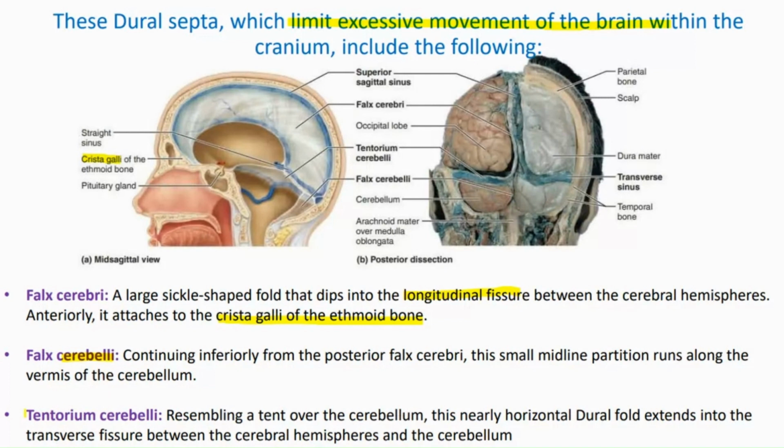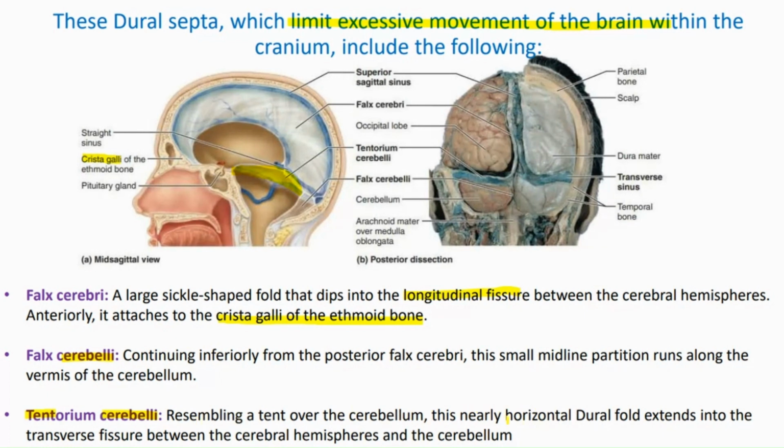Lastly, we have the tentorium cerebelli. Tentorium, as the name indicates, is like a tent above the cerebellum. Here's the cerebellum, and here's the cerebrum. Here is the tentorium cerebelli. It's just above the cerebellum. It separates the cerebrum and the cerebellum. So it resembles a tent over the cerebellum.